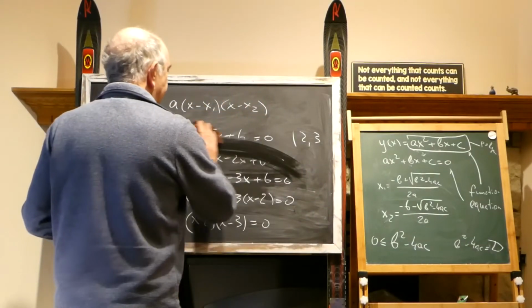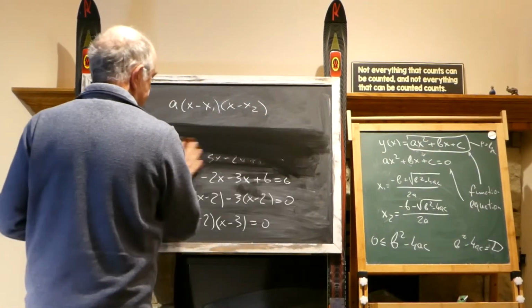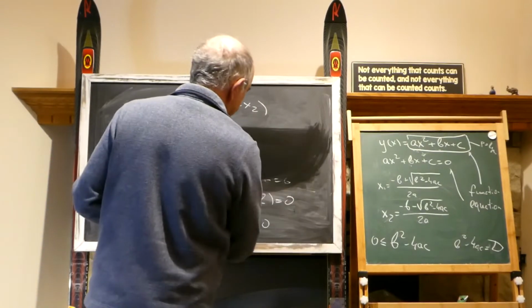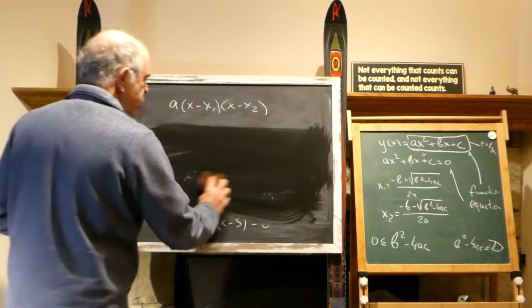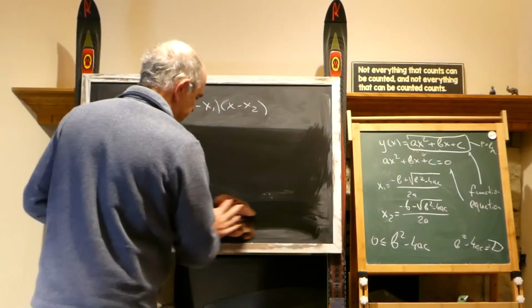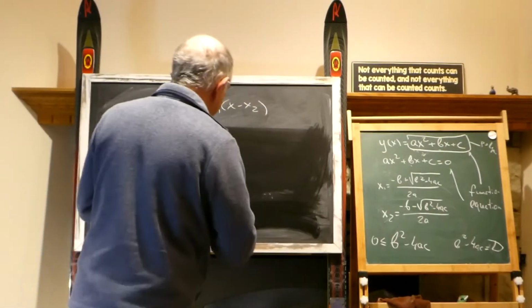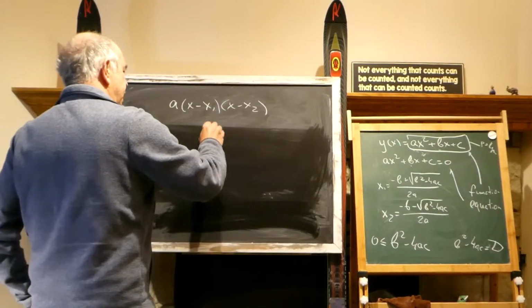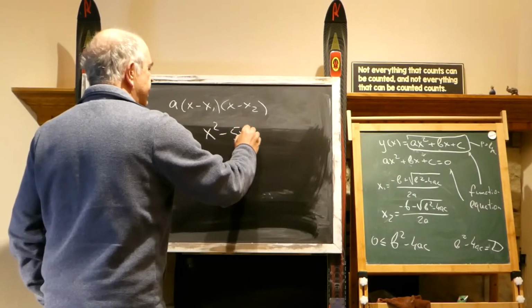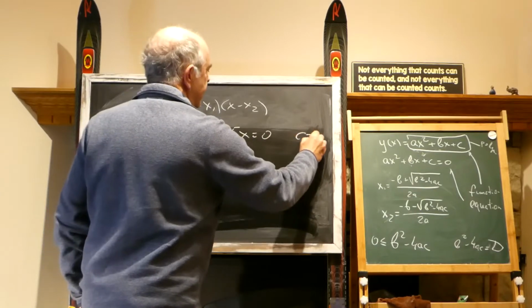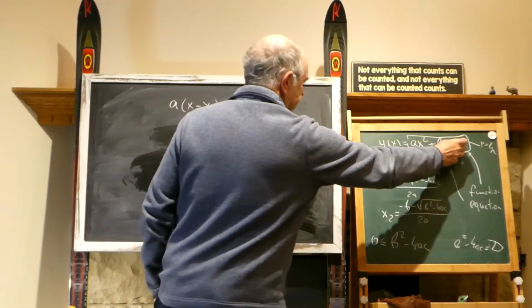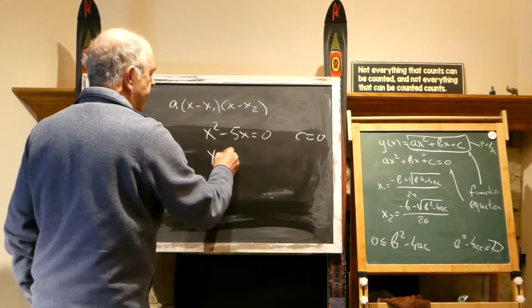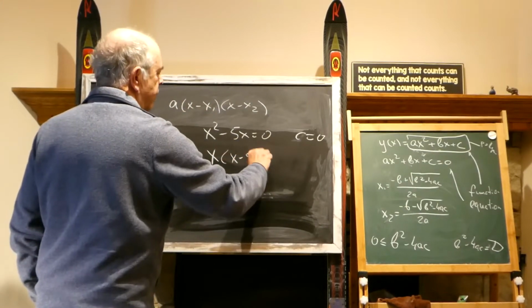I don't like this method because it's like trickery. It's maybe good in grade 5, but in real life, when you have strange numbers, it never works. Except for one thing, when it is x squared minus 5x equals 0, when c is equal to 0. When there is no such number, then factoring becomes very natural and very fast.